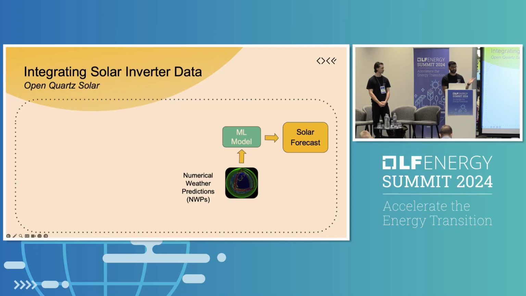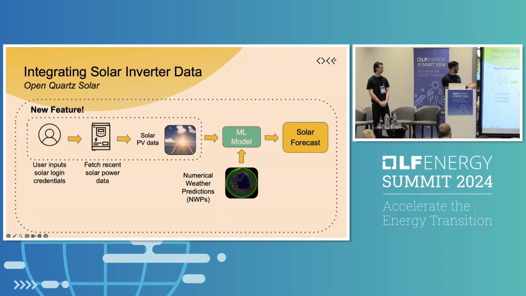But we didn't actually have a feature to grab that data, because usually that data is behind a solar panel with some hardware, such as an inverter. So Arjen did some brilliant work to add this feature in, so that when you run the model now, you're asked to log in. You can log in with your solar credentials if you have certain brands.